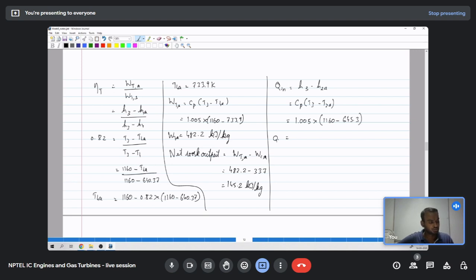Now we will have Q in. This is 517.27 kilojoule per kg.